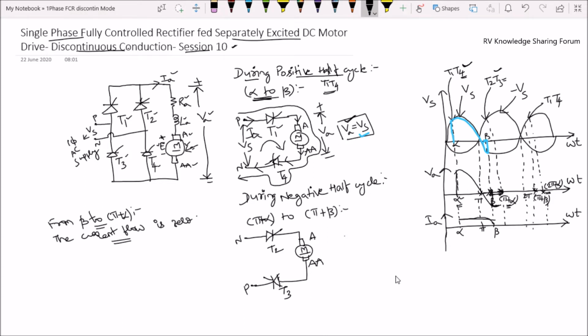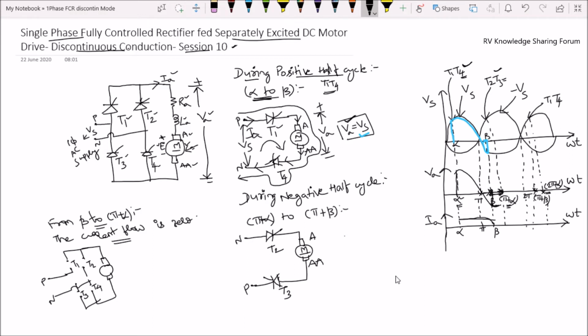That means the current flow through the thyristor T1 is 0, through T2 is also 0, through T3 is also 0, and through T4 is also 0. This is T1, this is T2, this is T3, and this is T4. And this is our neutral terminal.